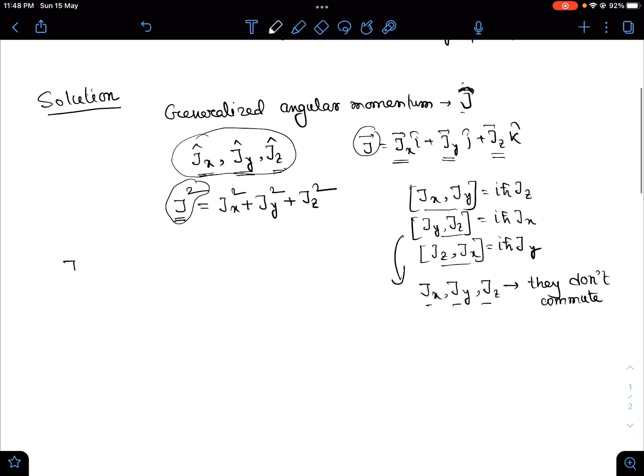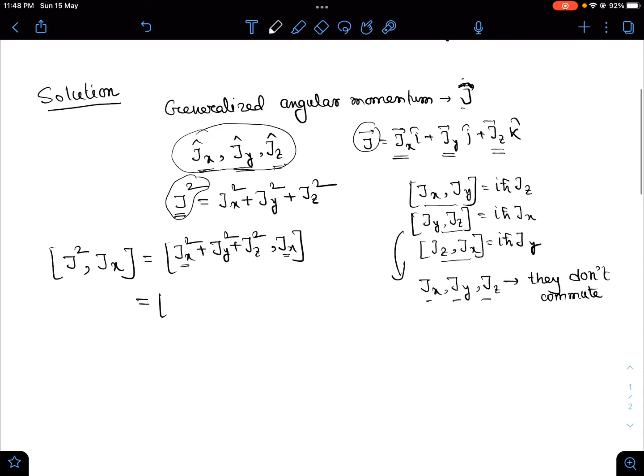So let us verify that. Let us verify for Jx first. We have [J square, Jx] with J square as Jx square plus Jy square plus Jz square. The first term involves only Jx and Jx, so it is 0, and we have the rest two terms to calculate.